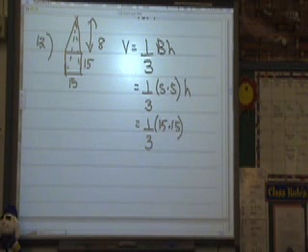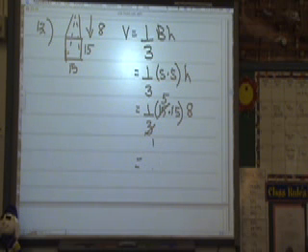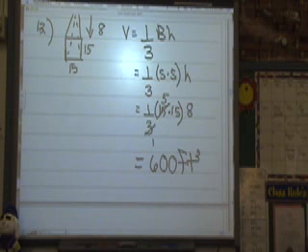And how tall was it? How tall is the pyramid? Oh, 8. Any canceling? Yeah. 3 goes into 15. So take 5 times 15 times 8. What's the volume of that square pyramid? And the unit was cubic feet.